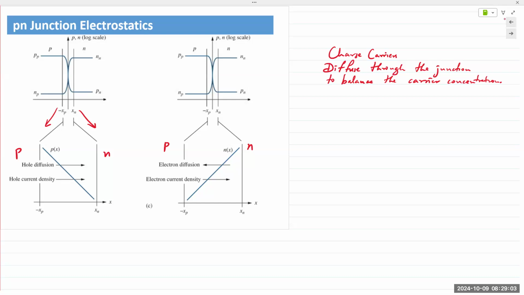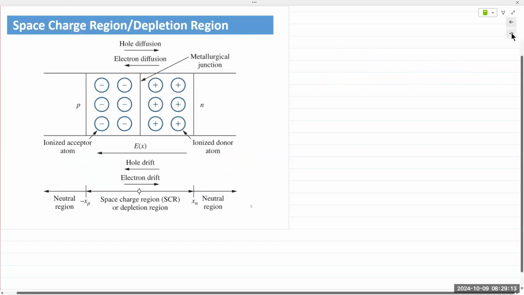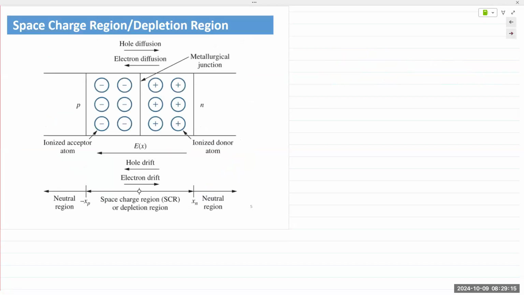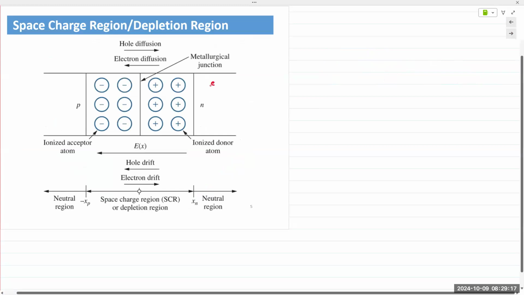It leaves behind the ionized atom that has an extra positive charge. So this is what happens. In the N-type material, electrons are moving in this direction, and they're crossing the junction, and holes are crossing the junction in this direction.